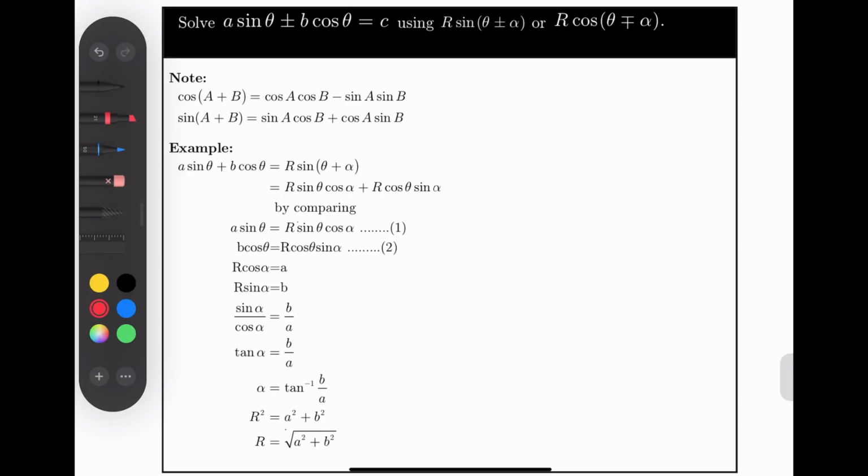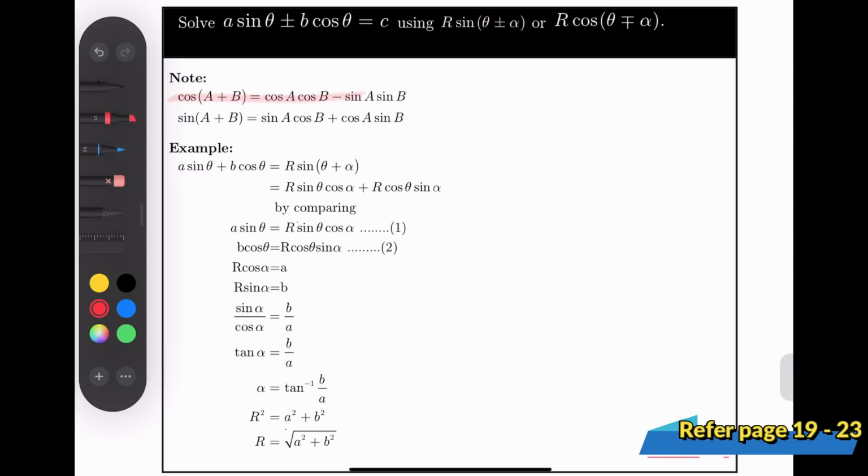Now you're going to learn how to solve A sin theta plus or minus B cos theta equals C by using R sin theta plus or minus alpha, or R cos theta minus or plus alpha. You have learned compound angle before.